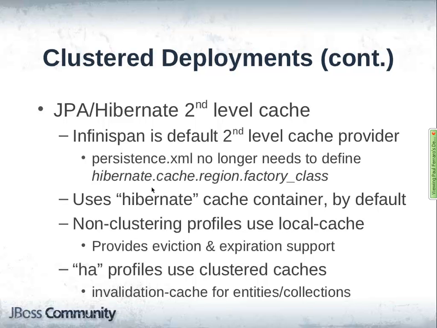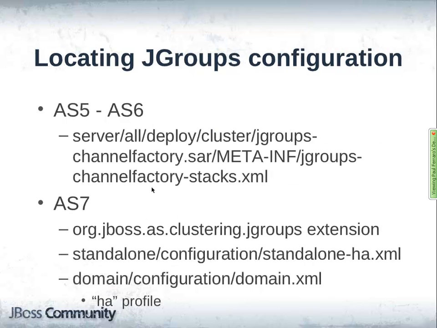All right. So now I want to talk about the individual clustering subsystems and what's different in AS7 as opposed to its predecessors. So in AS5 and AS6, if you wanted to customize the JGroups configuration, you had to look inside the all profile and inside this specific JGroups configuration file.